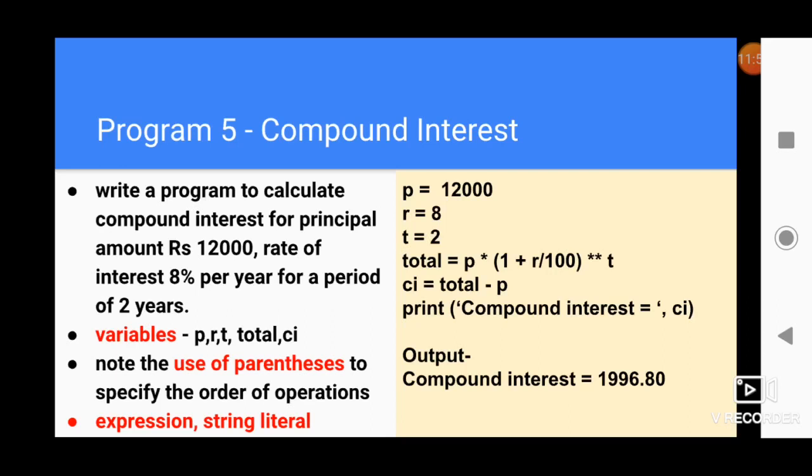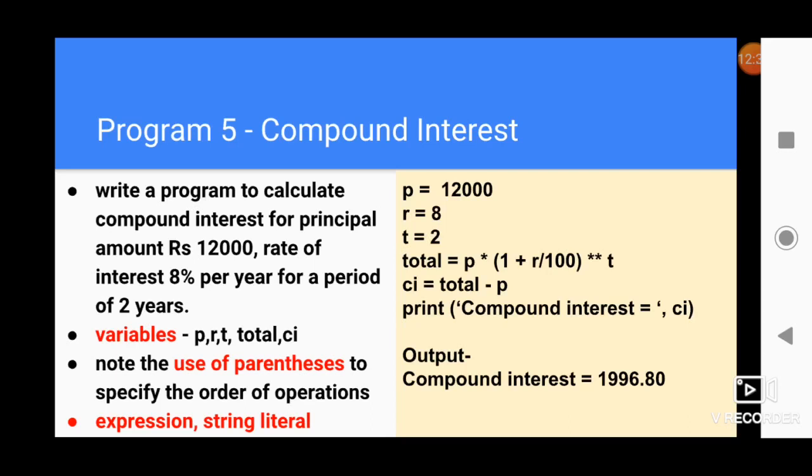Now in the fourth line we are calculating the total amount, which includes the compound interest and principal amount, using the commonly known mathematical formula, that is, to multiply the principal amount by 1 plus rate of interest divided by 100, raised to power time. This is expressed as in the fourth line of the program. See, 1 plus r slash 100.